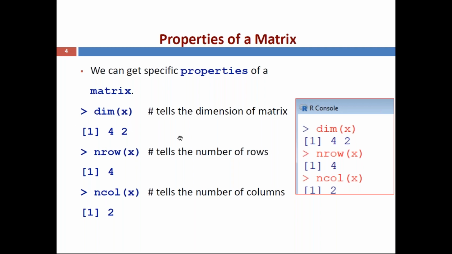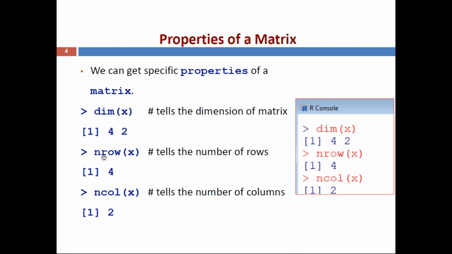So in our previous example X, what is the order of the matrix? 4 by 2. So whenever you execute the command dim of X, it gives the dimension 4 space 2. By default, the first one is the number of rows, the second one is the number of columns.